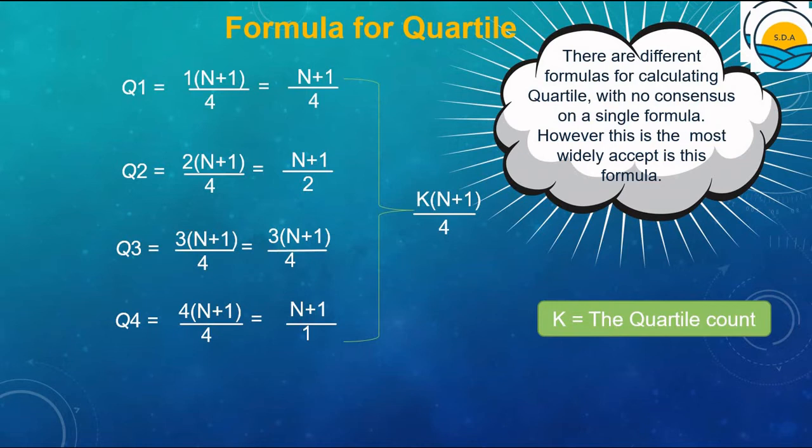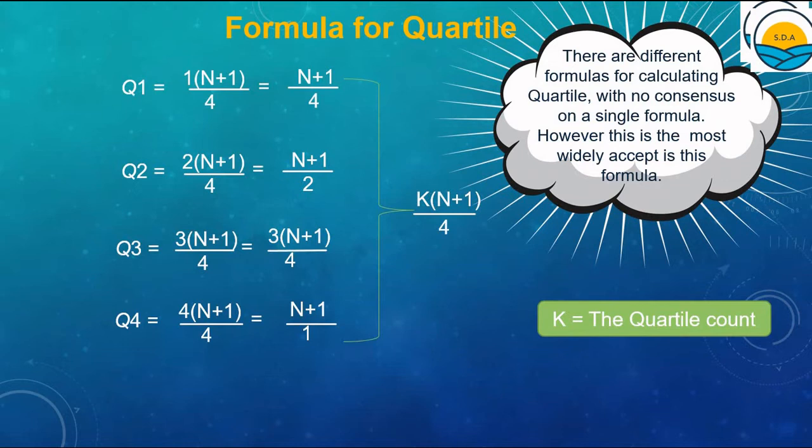The formula will be n plus 1 upon 1, which is n plus 1, or the count of the population itself. And practically we never have to calculate Q4, because the entire data comes under that. So the formulas which are actually important from statistical analysis point of view are the formula for Q1 and Q3.